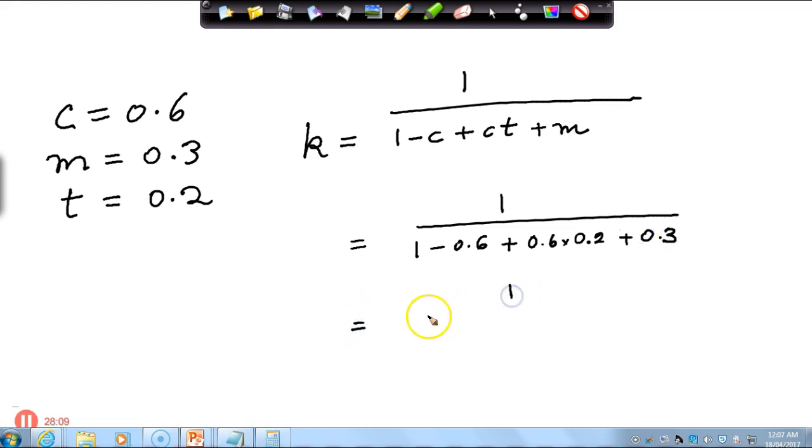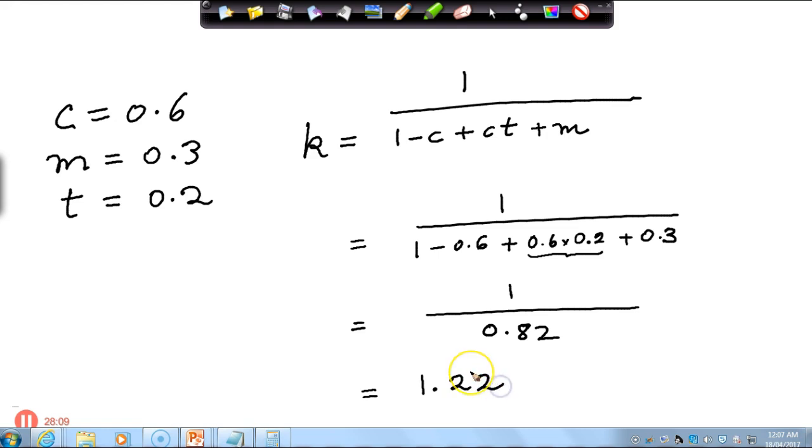Always do the multiplication first and then the remainder. That boils down to 1 over 0.82, which equals 1.22, rounded to the second decimal place. So that's our multiplier. Okay, easy.